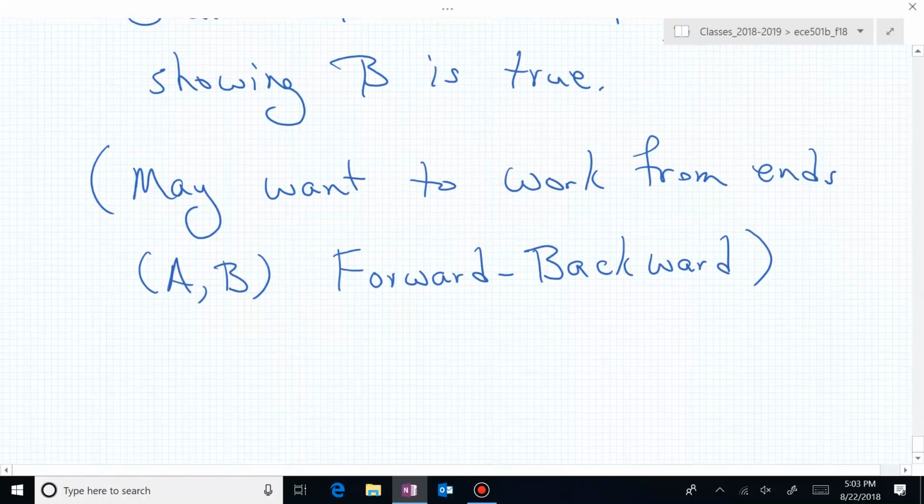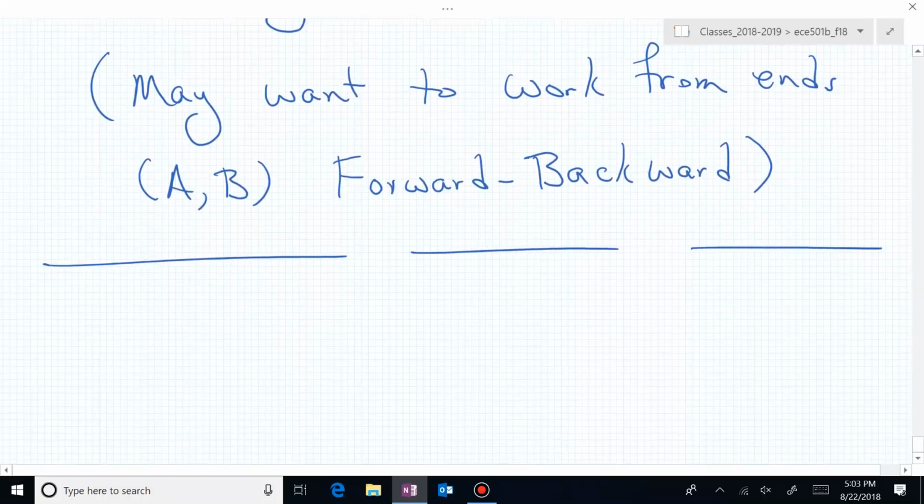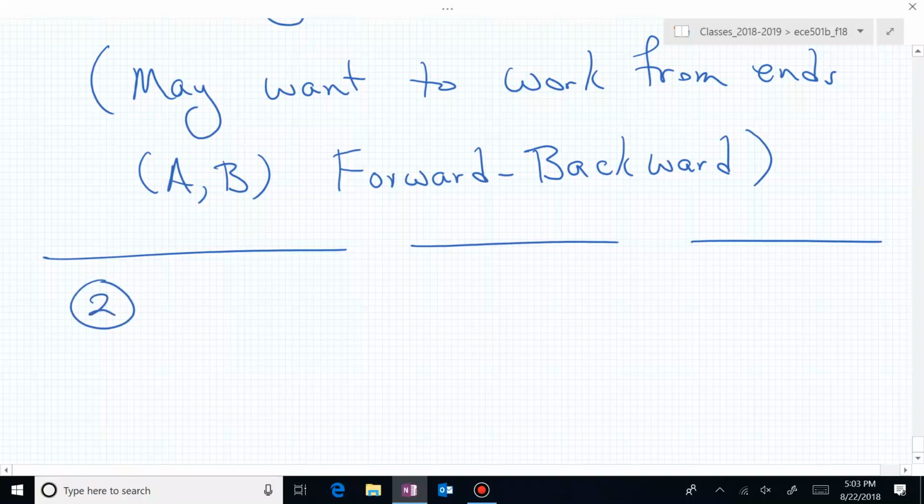And that's in the book by Solow that is one of the books for this class. So, a direct proof.